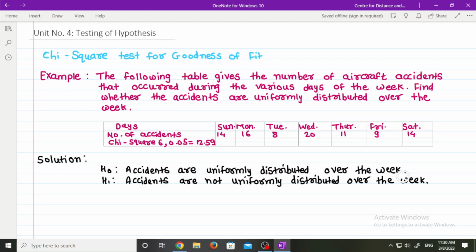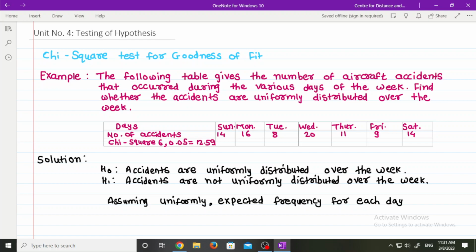Okay. Then after this we have to calculate the expected frequency for each day, assuming uniform distribution, which is equal to total frequency divided by number of days.